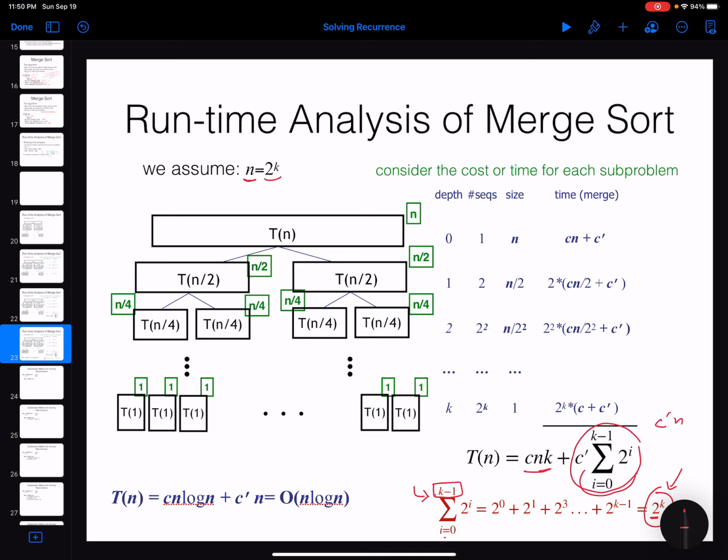What is T of n divided by 2 going to be? This is going to be 2T of n divided by 2 to the power of 3 plus c of n divided by 2 to the power of 2. I will get this and put it inside instead of this one.